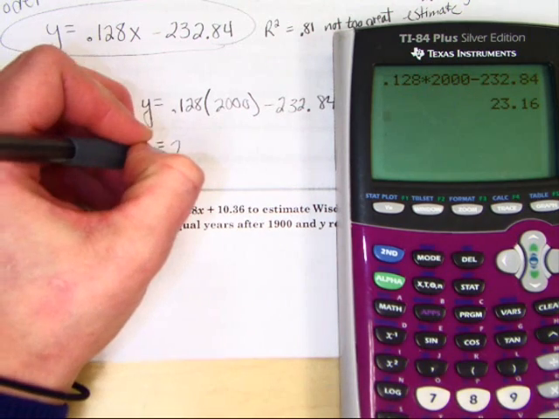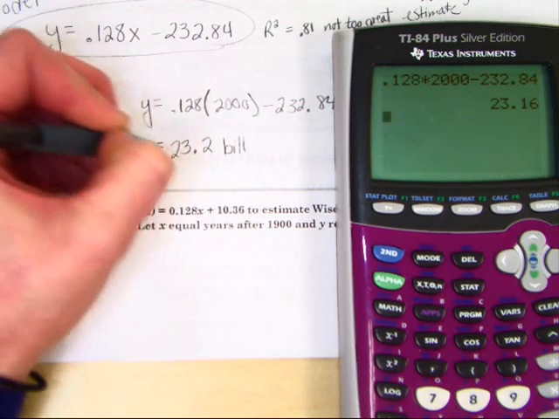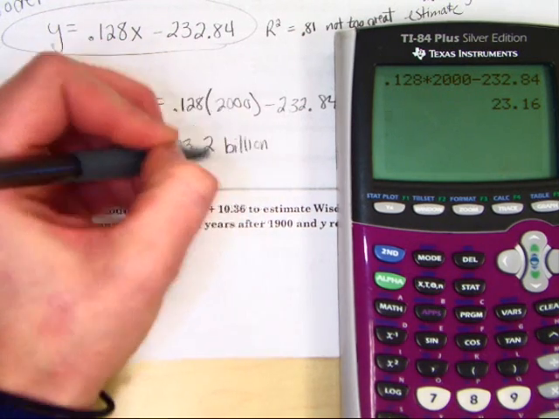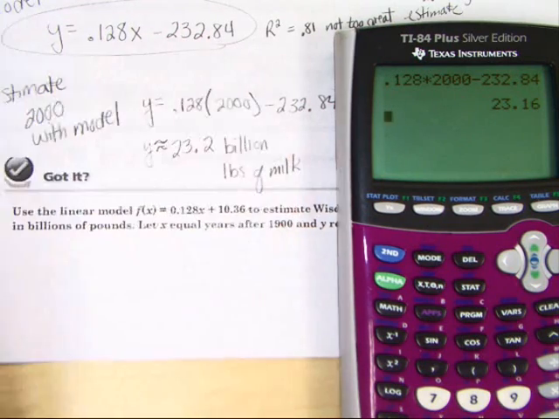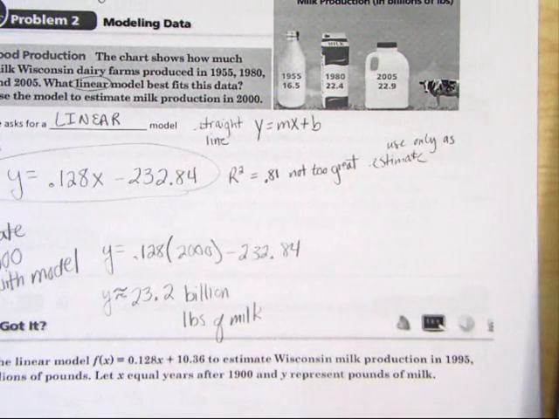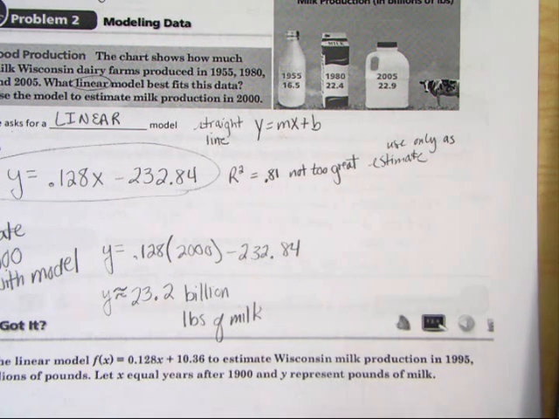There were approximately 23.2 billion, so let's make this an approximate symbol, billion pounds of milk. And if you look at our data, that fits pretty well. Things are going to tend to go up or go down. So again, it's an estimate. It's not perfect by any means, but we use our estimate to just do that, estimate.